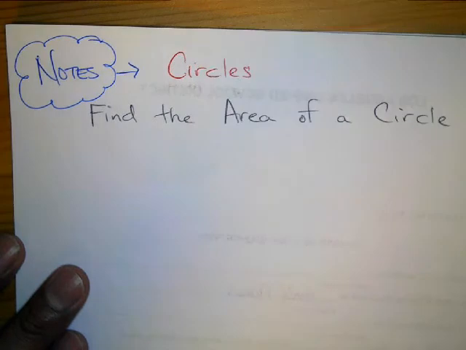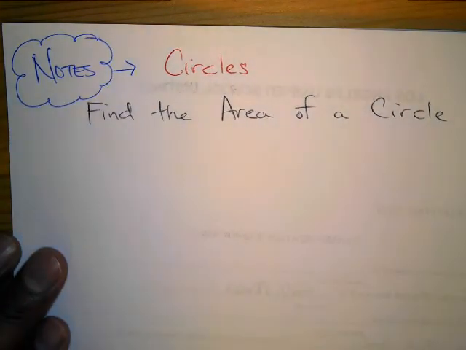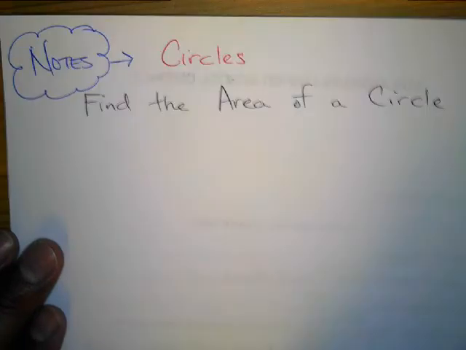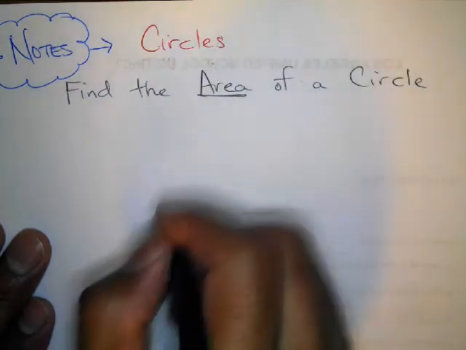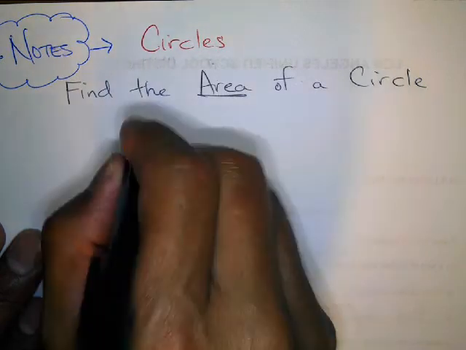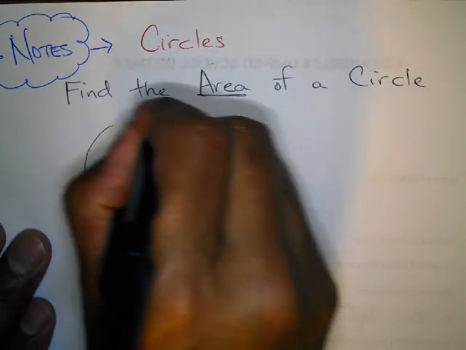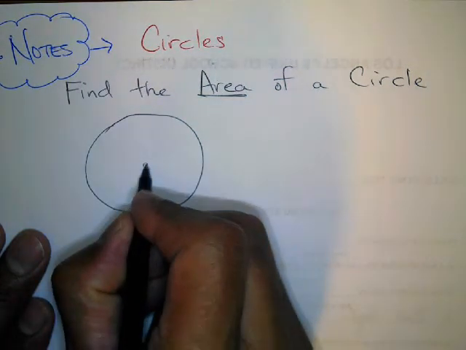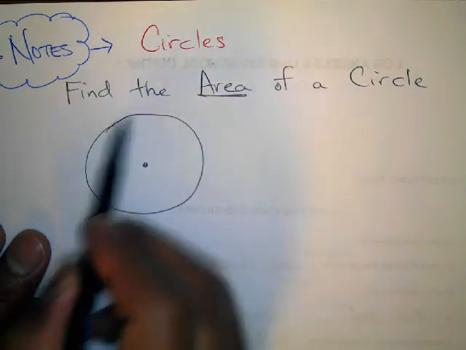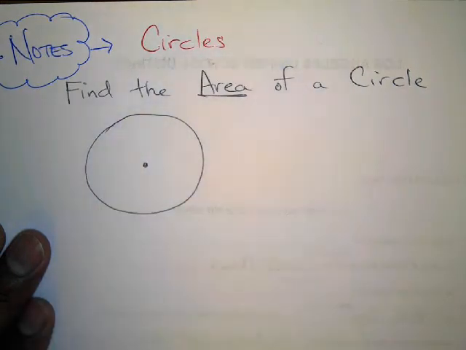Now, what does that mean? What is an area of a circle? Well, the area of a circle means that, let's say you have a circle, right? Let's draw a circle. Just try your best. And before we did circumference, when we found the whole length of just that outside line, right?